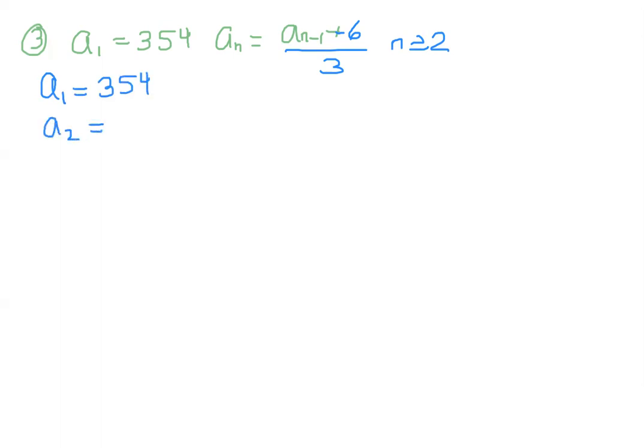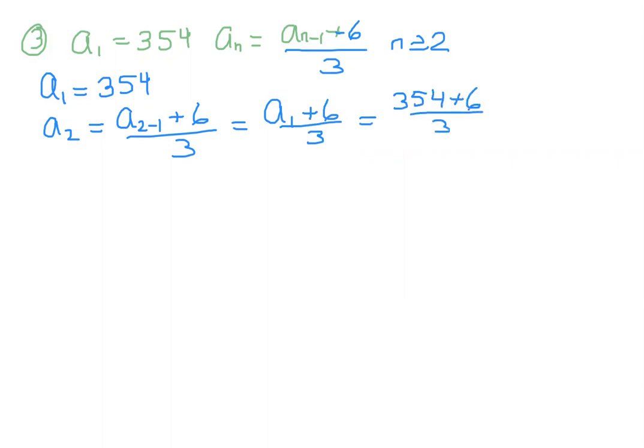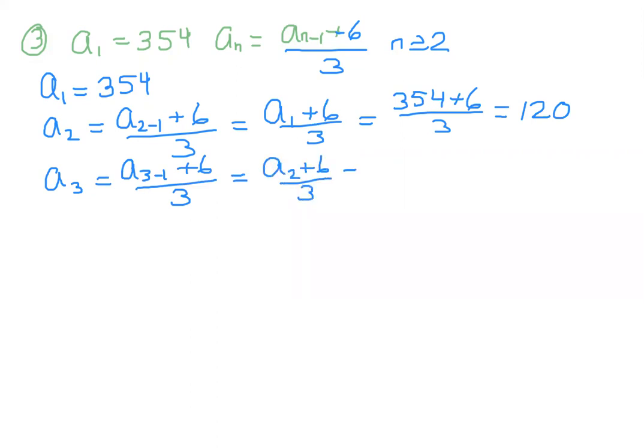a2 is a2 minus 1 plus 6 over 3, which is a1 plus 6 over 3, which is 354 plus 6 over 3, which is 120. a3 is a3 minus 1 plus 6 over 3, which equals a2 plus 6 over 3, which equals 120 plus 6 over 3, which is 42.